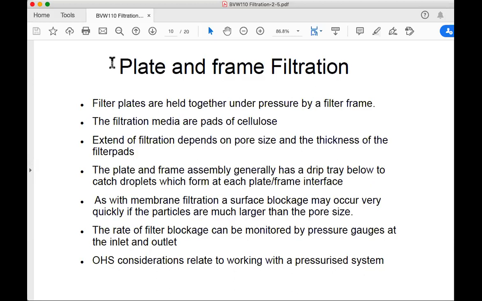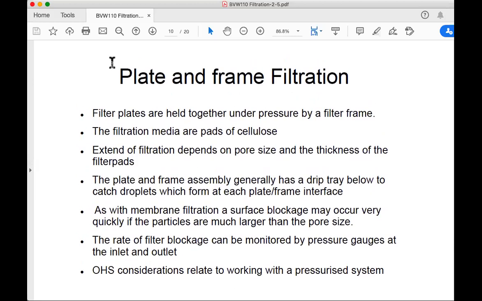Next, well, not next, but plate and frame filtration is another variation, where those screens, instead of being horizontally mounted in a stainless steel chamber, are vertically mounted in a frame. And instead of earth being the filtration media, we're using cellulose pads.